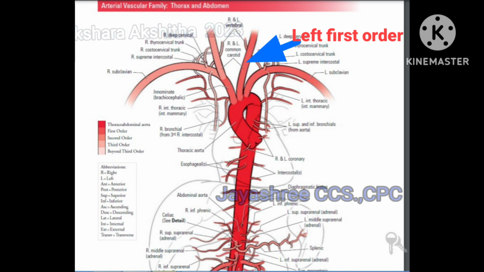I will explain again, based on this diagram itself, how to identify first order, second order, and third order. First order means the branches coming directly from the aorta.